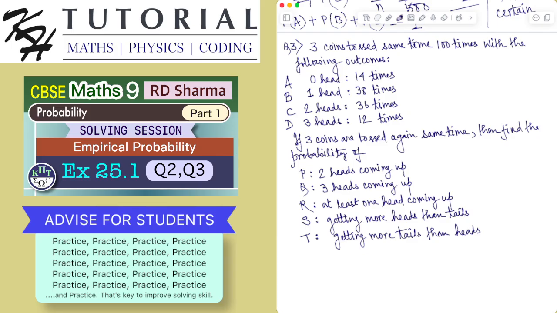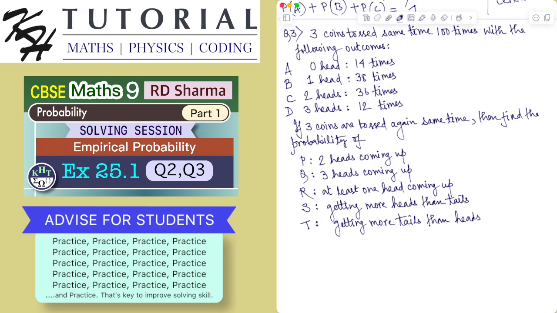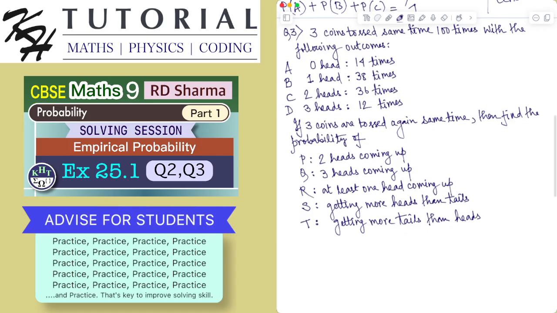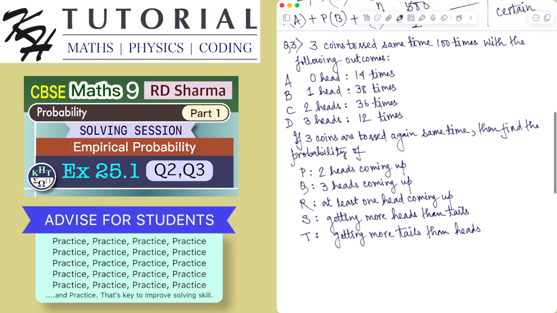Now the problem is asking, if 3 coins are tossed again at the same time, then find the probability of 2 heads coming up. I have named that event P. We have to find the probability of the event P, which is 2 heads coming up, the probability of the event Q, which is 3 heads coming up, and like this we have R, S, T.